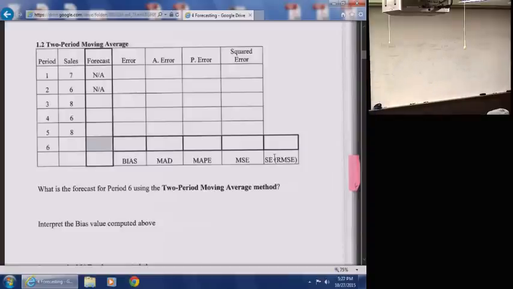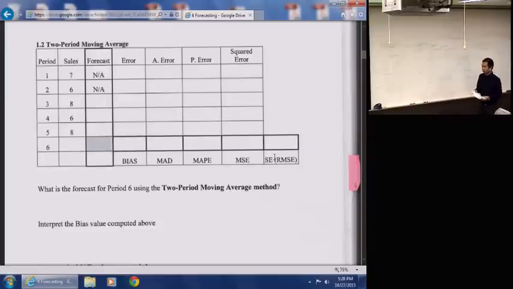The first question asks, what's the forecast for period 6 using the 2-period moving average? It's just the average of 8 and 6, which is 7. Interpret the bias value computed above. The bias is 0.5. Is it positive?